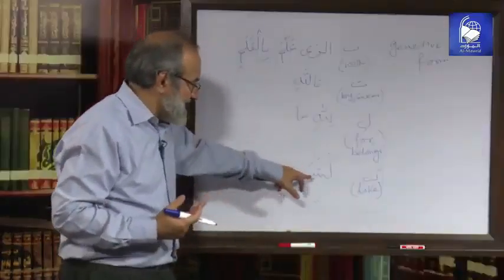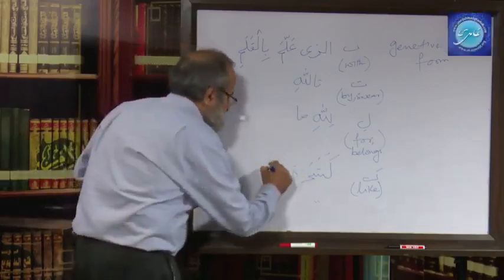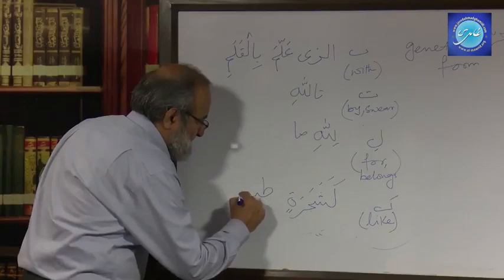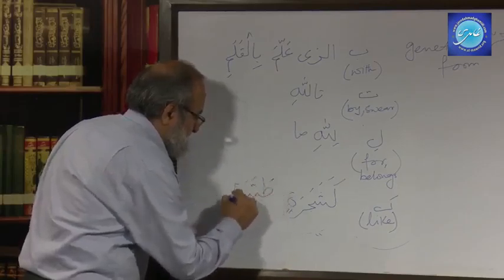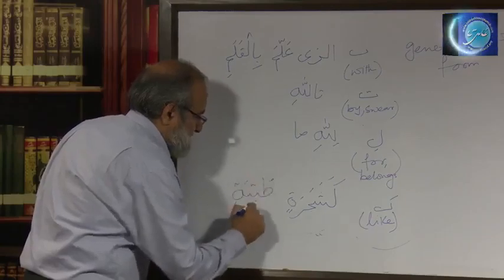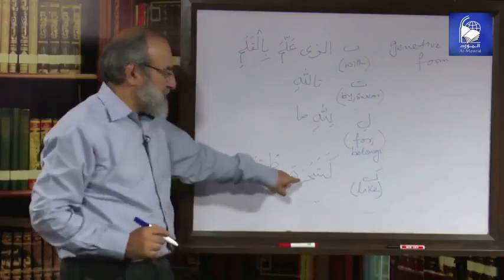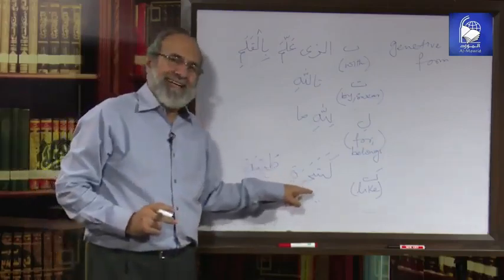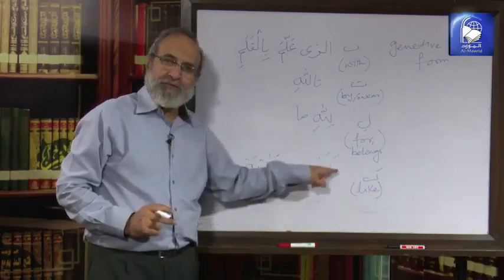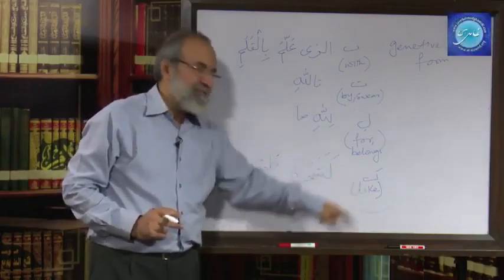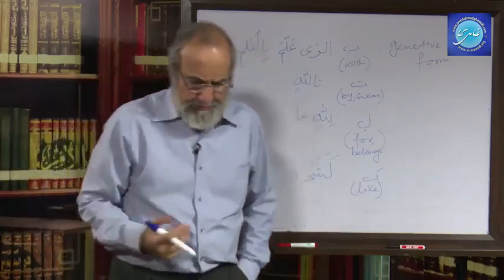It is like kashajaratin, like a tree which is pure. Tayyibatin. So, shajar or shajara has taken a genitive form, has taken jar because of kaf preceding it, and ka means like a tree which is pure.